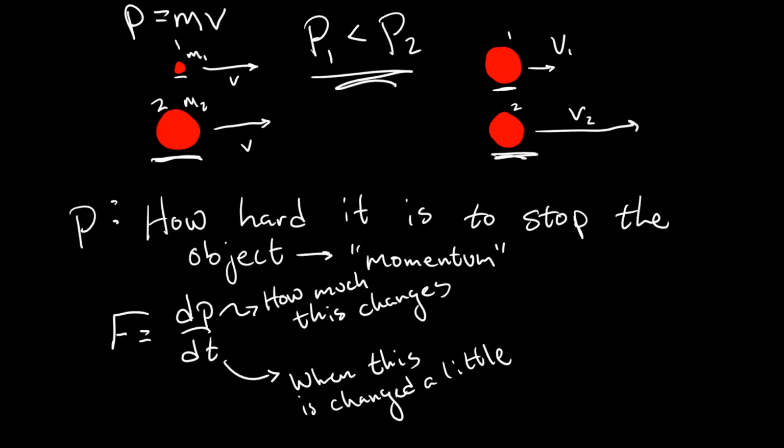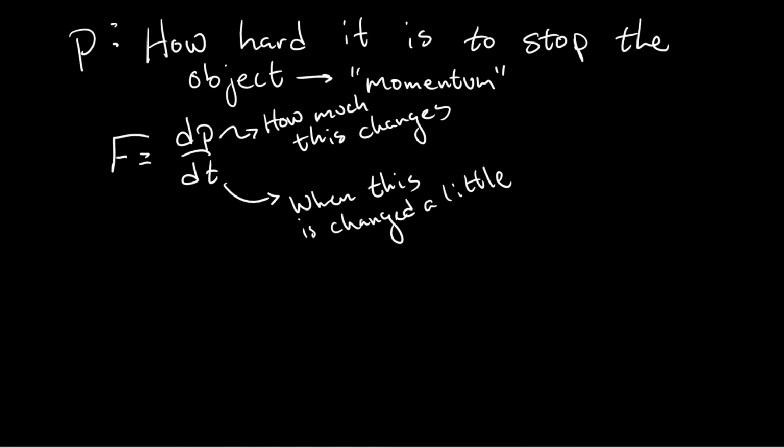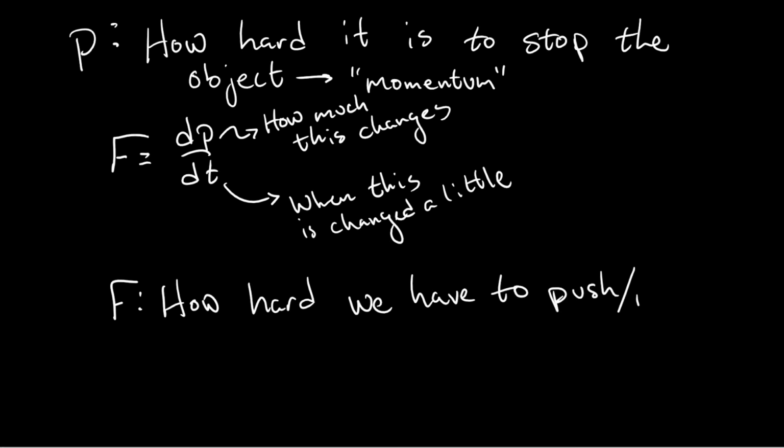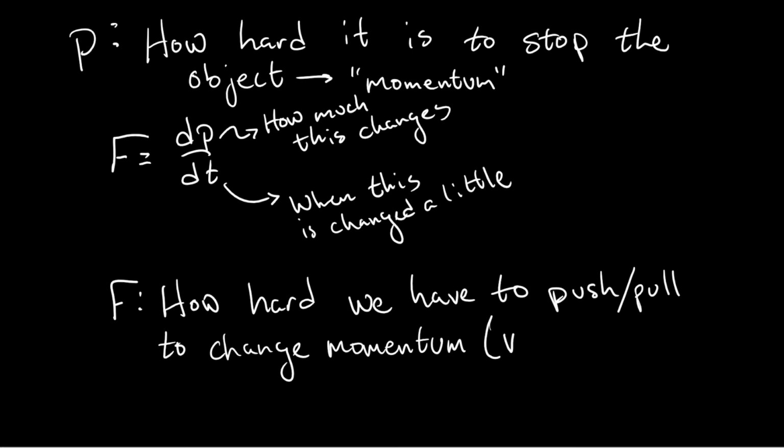So again, we have a very nice interpretation of this, and that F is basically, I'll write this a little lower, how hard we have to push or pull to change the momentum, and typically it's the velocity that we're talking about.